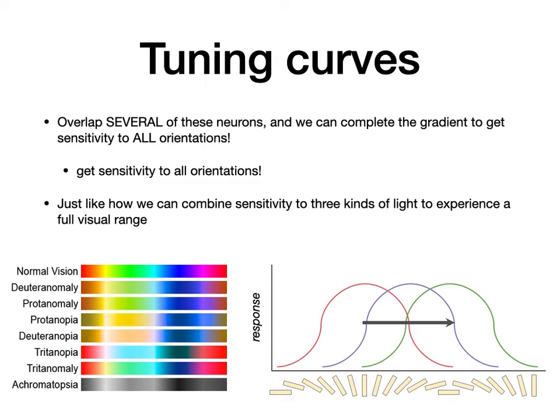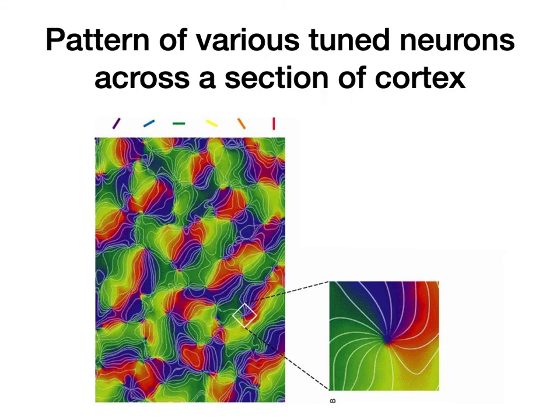Now, it's kind of cool, these things stay connected as they enter the cortex. So here is a sample of the pattern of various tuned neurons, colored by orientation. The purple are slightly angled, the green are horizontal, the red are vertical, and so on.